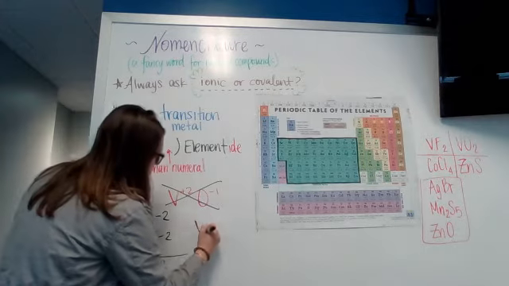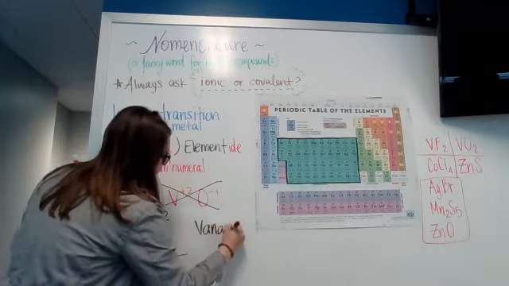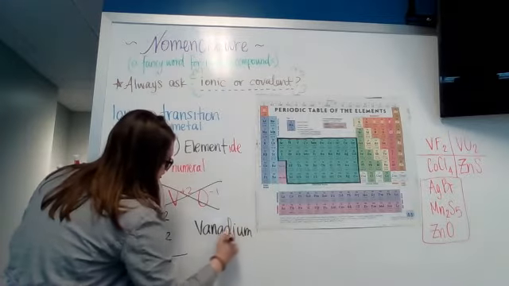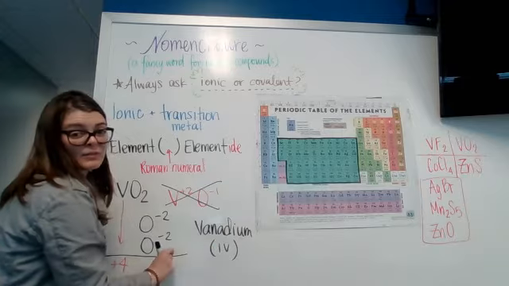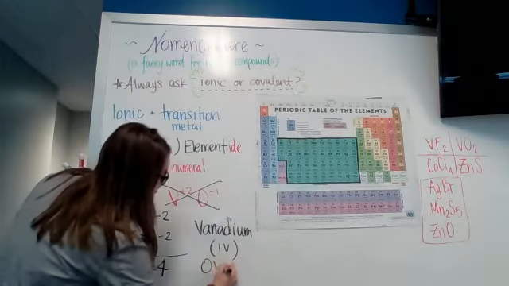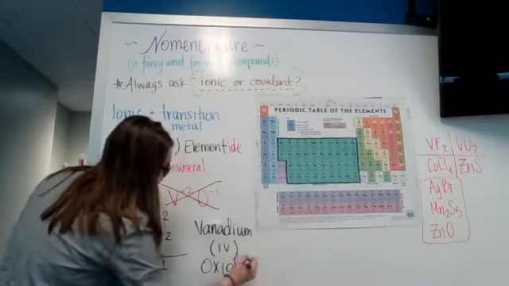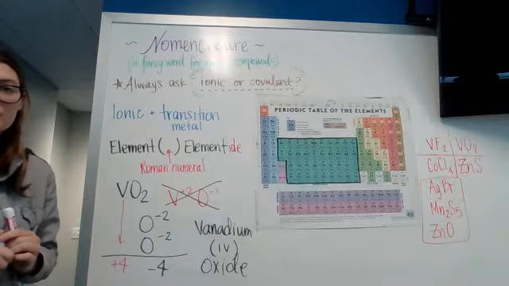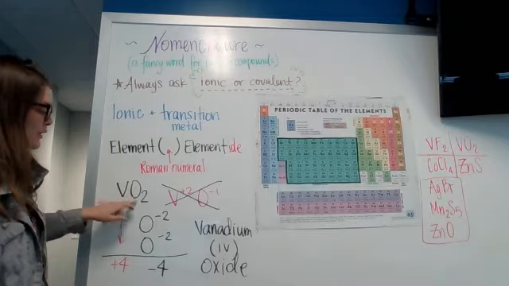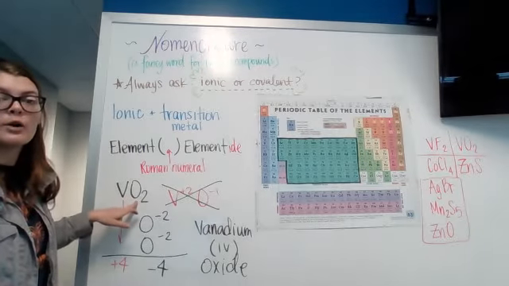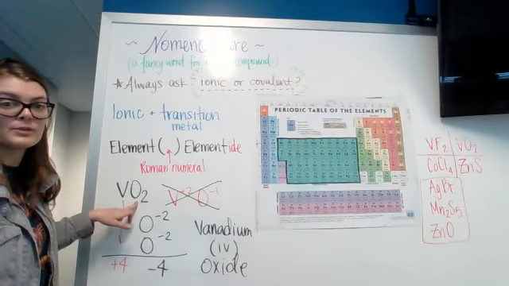So that's going to be vanadium IV, that's how you write 4 in Roman numerals, oxide. Okay, that one's a little bit more tricky. So again, what I did is I saw that there are 2 oxygens. I know that oxygen has a charge of -2.